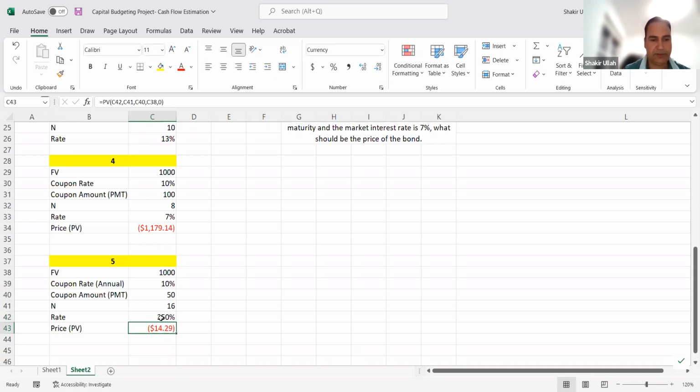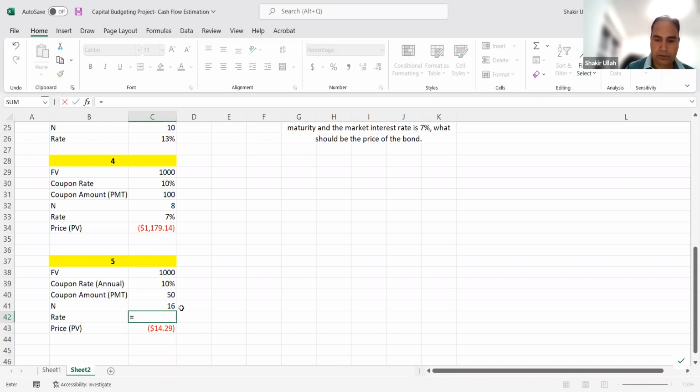Okay, it's already in percent. Or let's do it this way. Equals 7 divided by 2. Something weird is happening here. Let's make it a number.